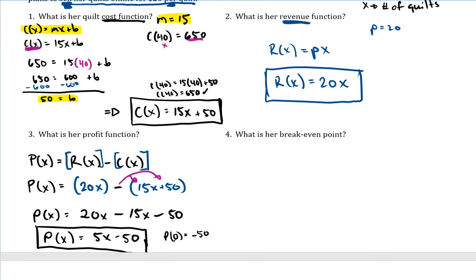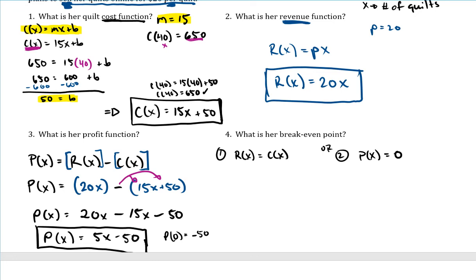Okay, and then for number 4, what is her break-even point? You could do it in 2 different ways. You could do it by setting the revenue equal to the cost, or you could do it when the profit is equal to 0. Just to show both real quick, let's do number 2 first, since we did the number 1 style in the previous problem.